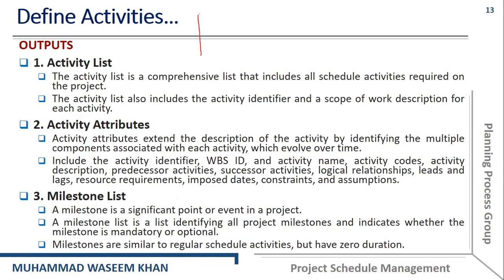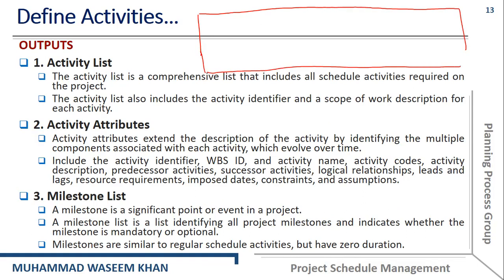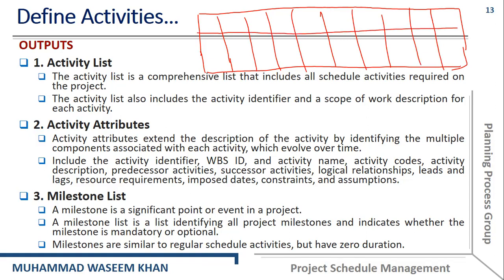That is very important, and the activity list also includes the activity identifier and a scope of work description for each activity. So for each activity, we will provide some important details, like the activity identifier and the scope or description of each activity, etc.